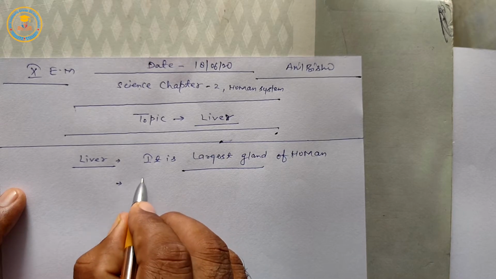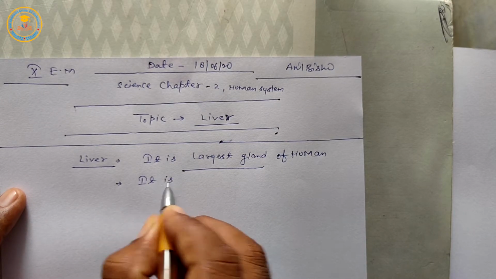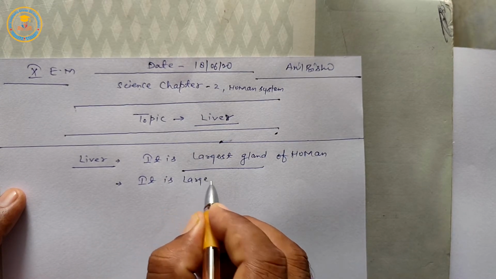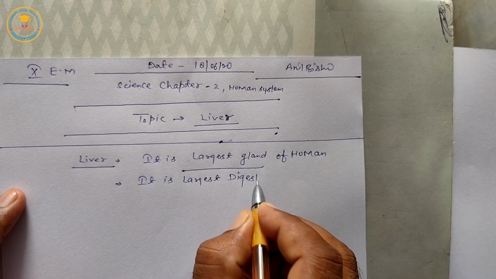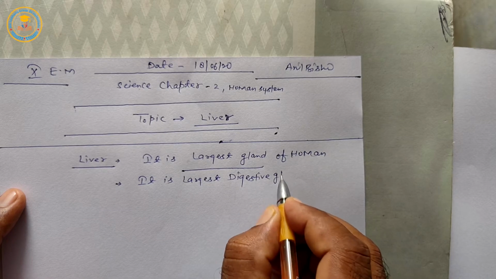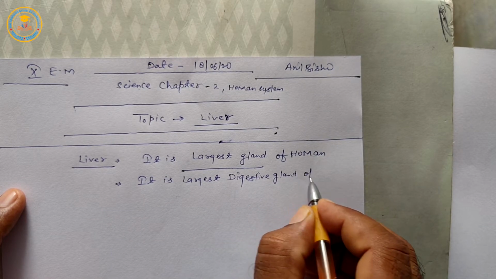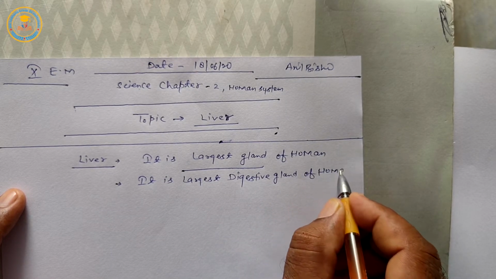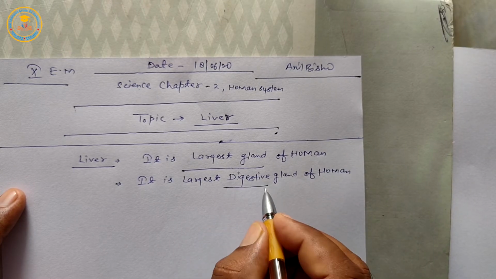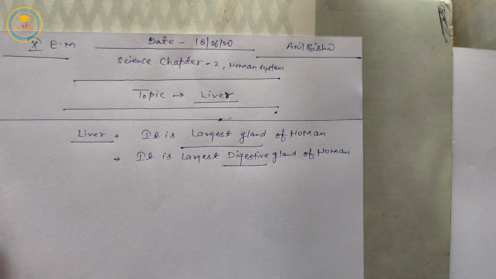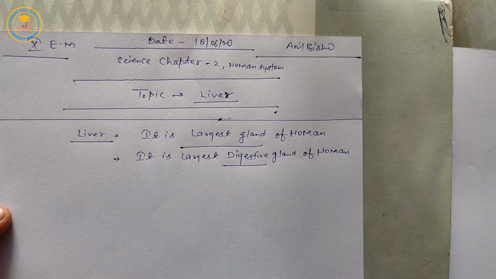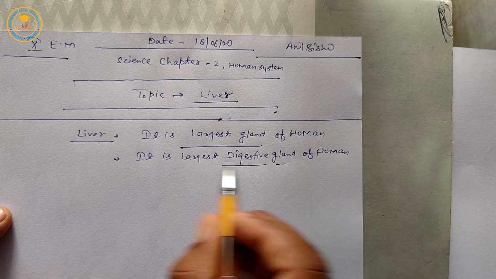Next, it is the largest digestive gland of humans. Digestion means complex food material is converted to small food material by the enzymatic process.